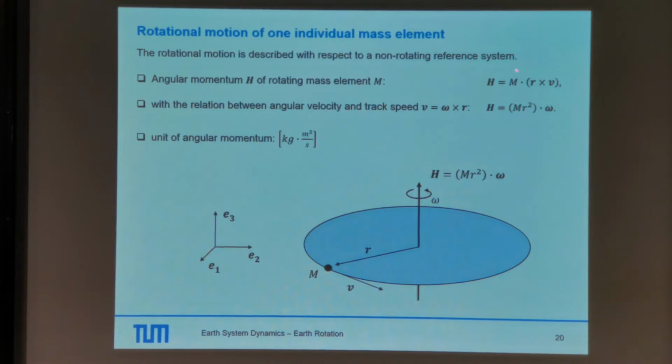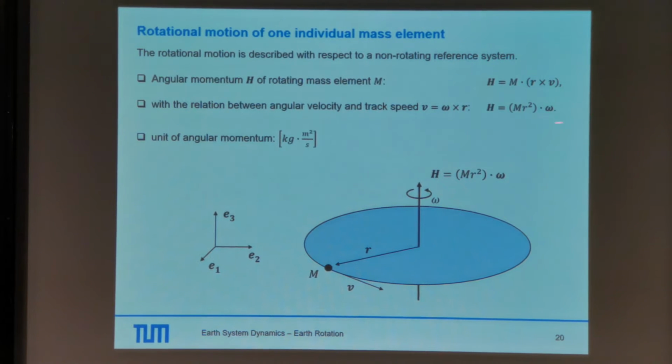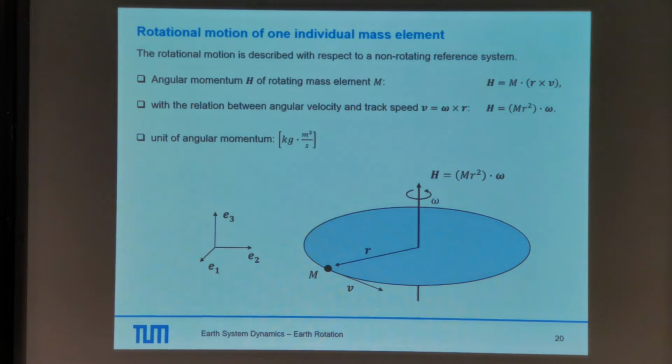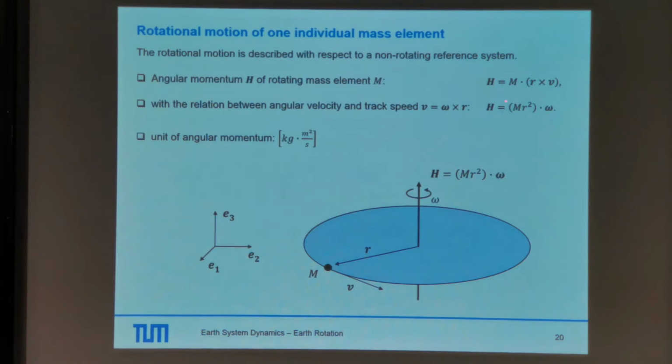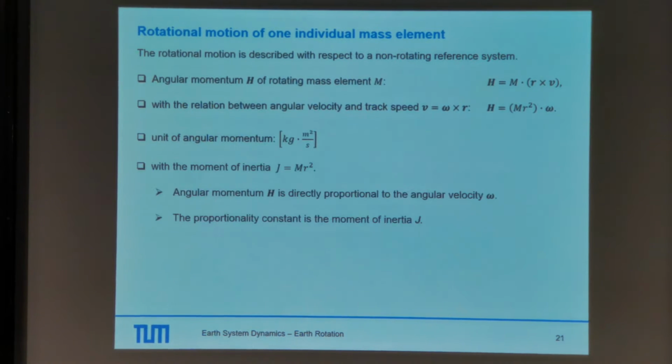If we insert this equation into this equation and rearrange the formula, we end up with this special formula here, where the angular momentum is related to the Earth angular velocity by this factor m times r squared. The unit of the angular momentum is kilogram meter squared per second. This is everything we know already.